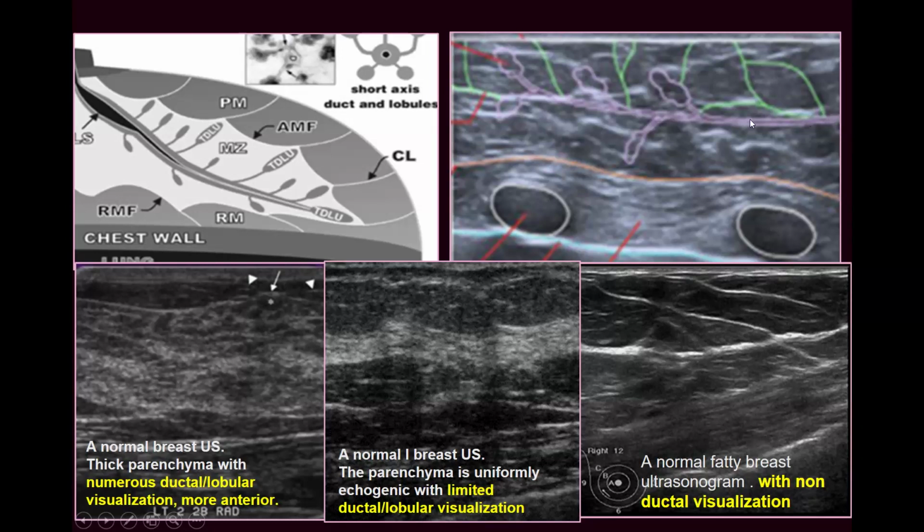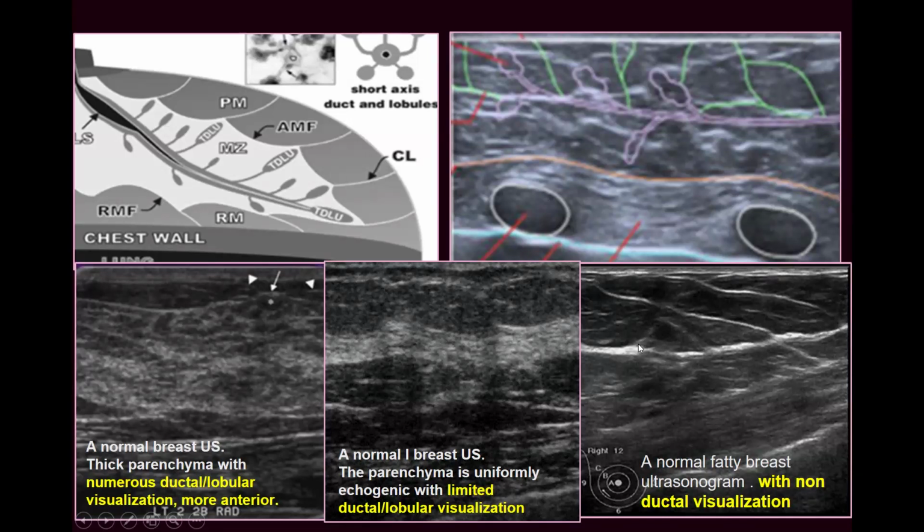In this fatty breast, still we can see an illustration demonstrating terminal duct lobular unit and ducts. Could you imagine if you could apply this illustration here?